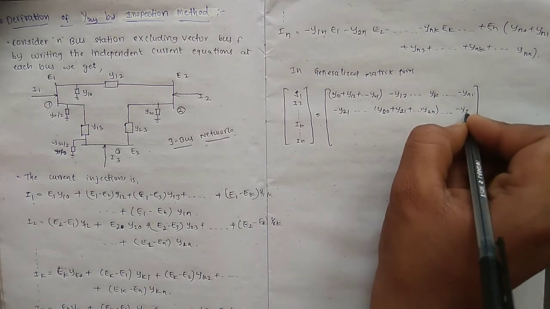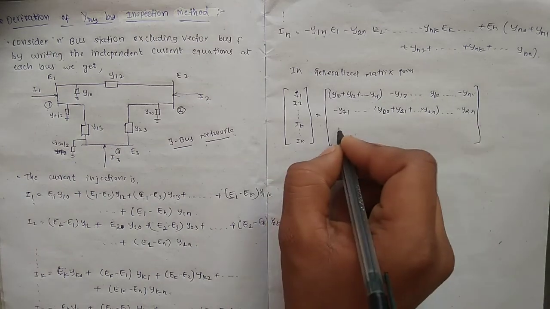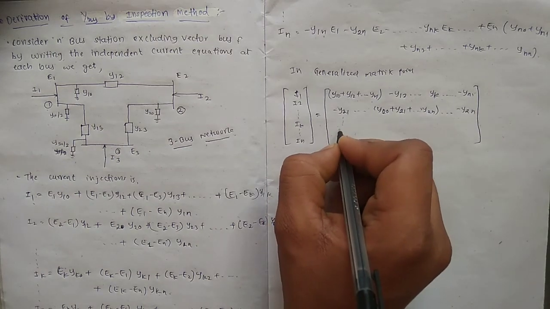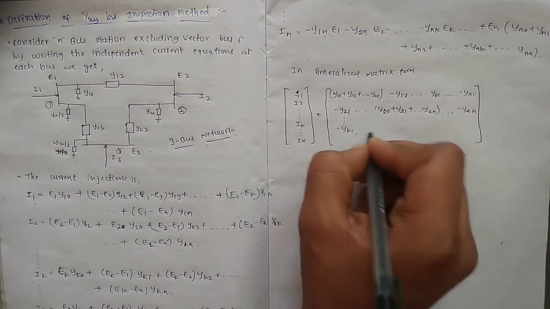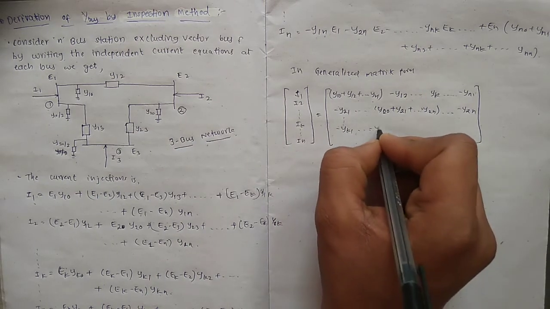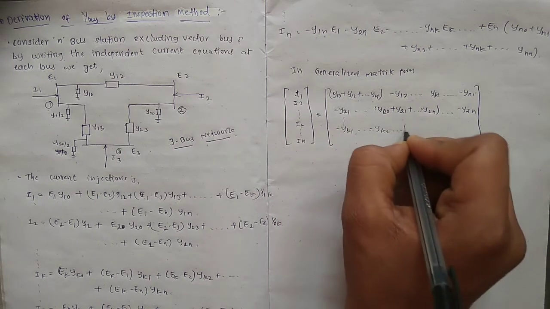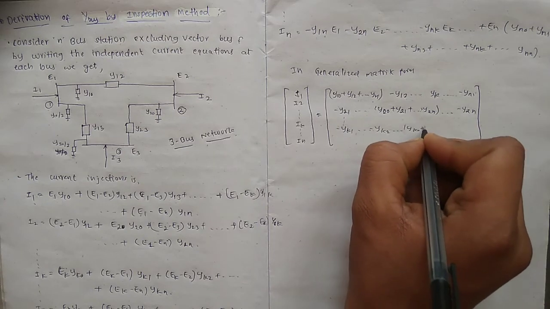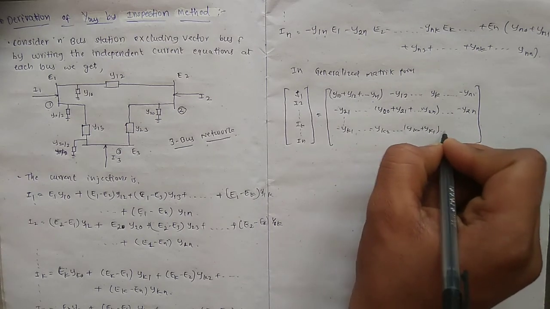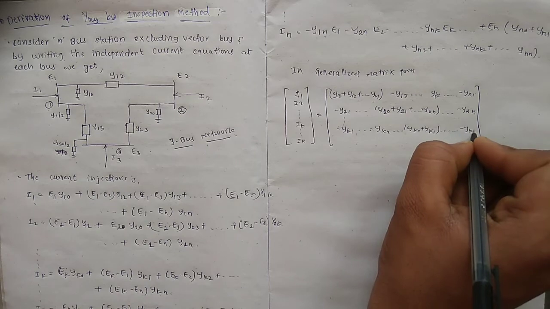Similarly for the kth current, minus Y1k, minus Y2k, and so on, Yk0 plus Yk1 and so on, minus Ykn.